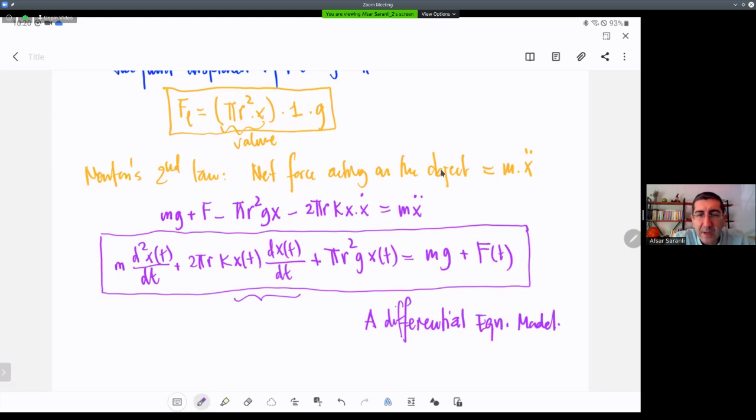So the gravity makes it difficult because it appears as if you have two inputs to this system. One is a constant input and the other one is a variable input. F of t is our actual input, but there is also a constant input to the system, which is because of the gravity. So gravity also makes it impossible to get a transfer function representation. Okay?